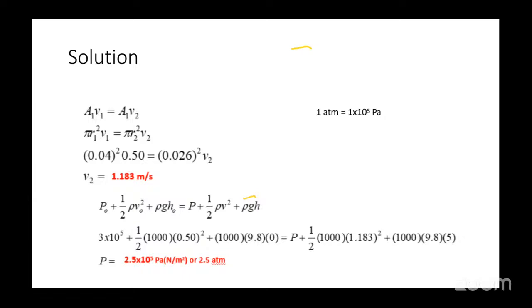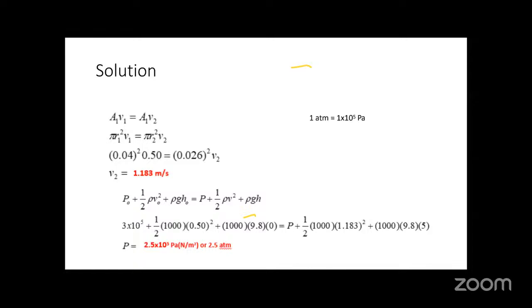Remember that H1, that is the height one there, is at the basement. So that is 0. So if that is 0, it implies that this term becomes 0, because the basement is the reference point and is 0. So that term will become 0.